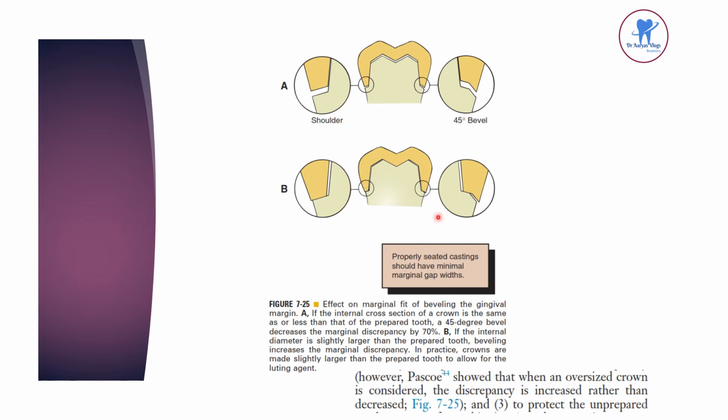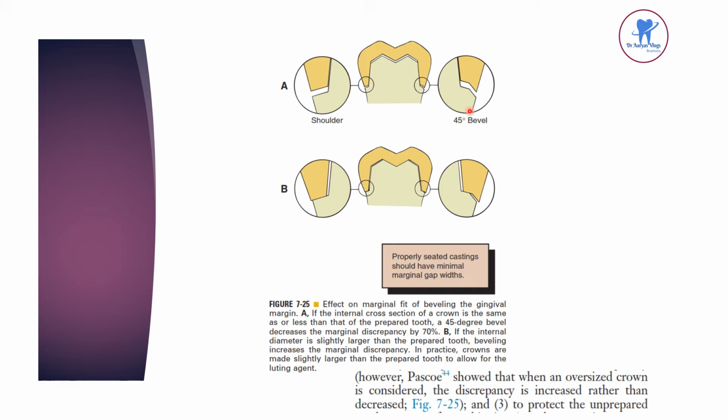this picture shows the effect on marginal fit of beveling the gingival margin. Here, Pascoe showed that when an oversized crown is considered, the discrepancy is increased rather than decreased. In this picture, the internal cross section of the crown is the same or less than that of the prepared tooth.